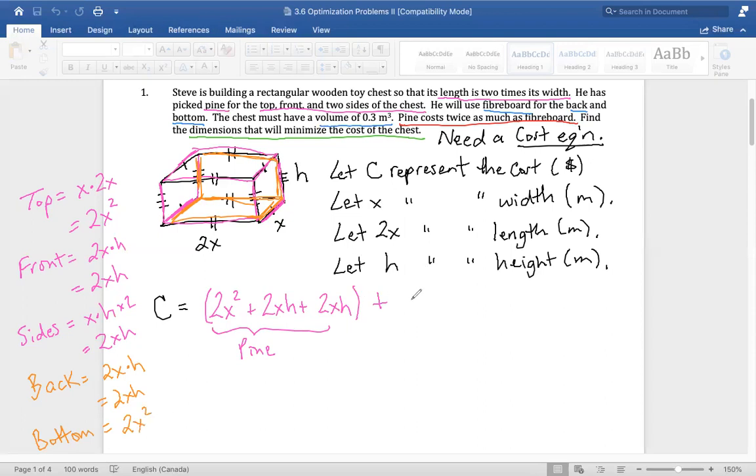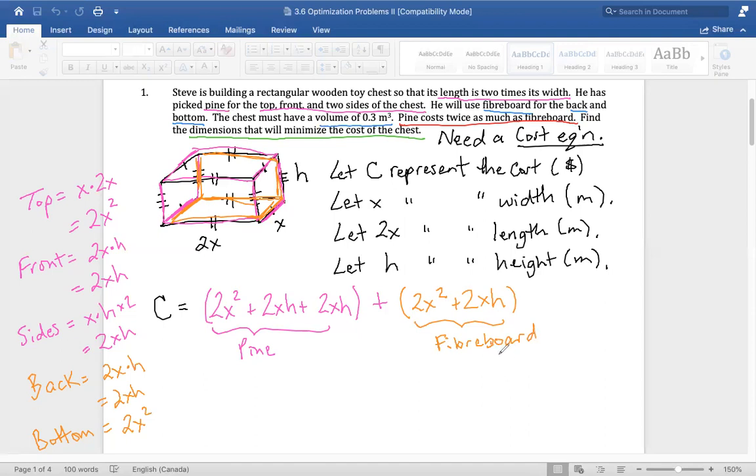And so then that part of the equation would be, I'm just going to keep my squared first, usually you've got the higher exponent first, right? Plus 2xh. But you could have done it the opposite, 2xh plus 2x squared. To me, probably now by grade 12, that just looks weird to you, maybe being out of order, but again, it doesn't matter. And this is the fiberboard. All right, that's the fiberboard.